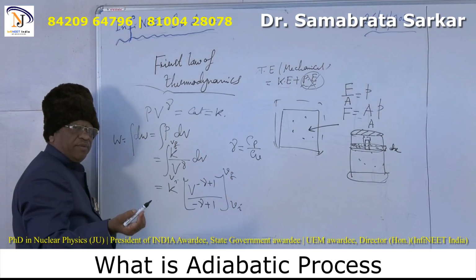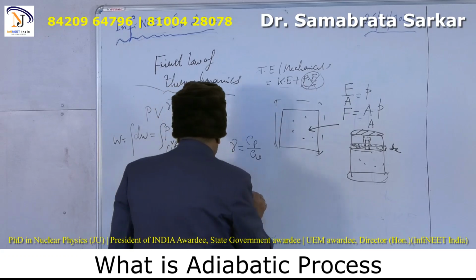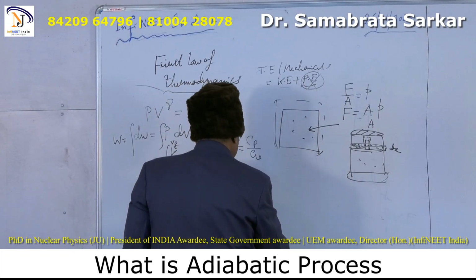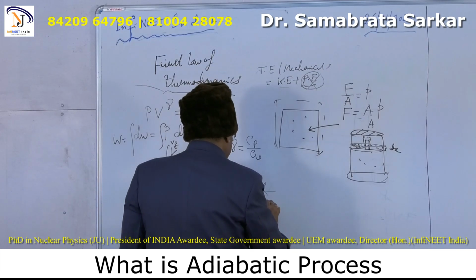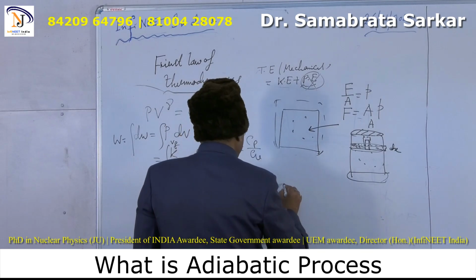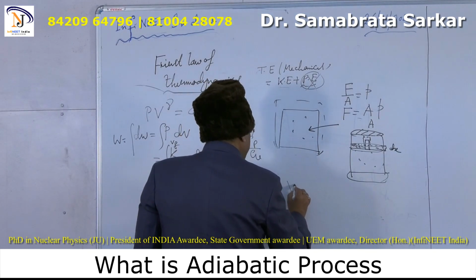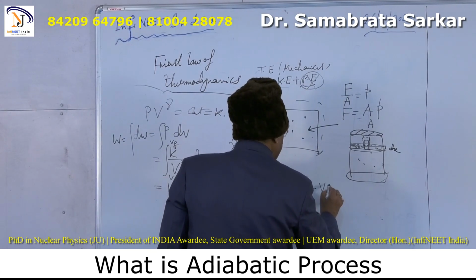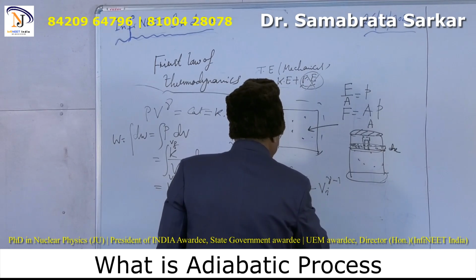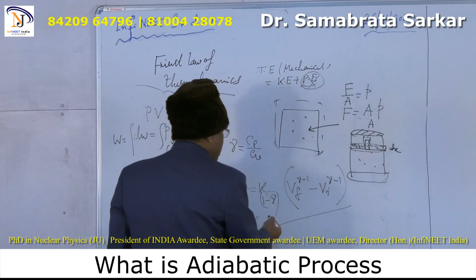Clear? Okay. Now you can write K by (1 minus gamma) times (Vf to the power gamma minus 1 minus Vi to the power gamma minus 1). Okay, this is a relation.